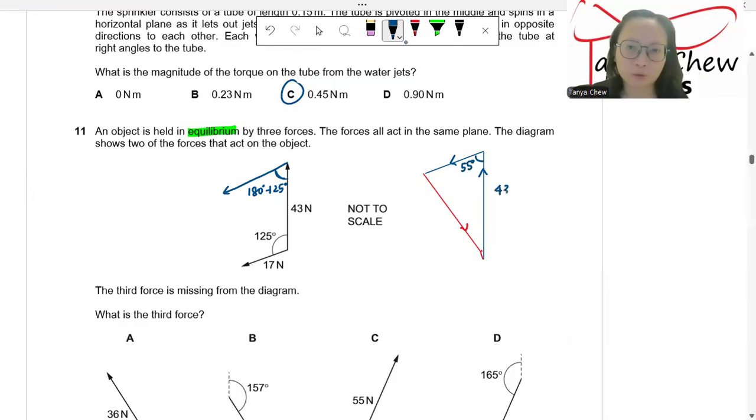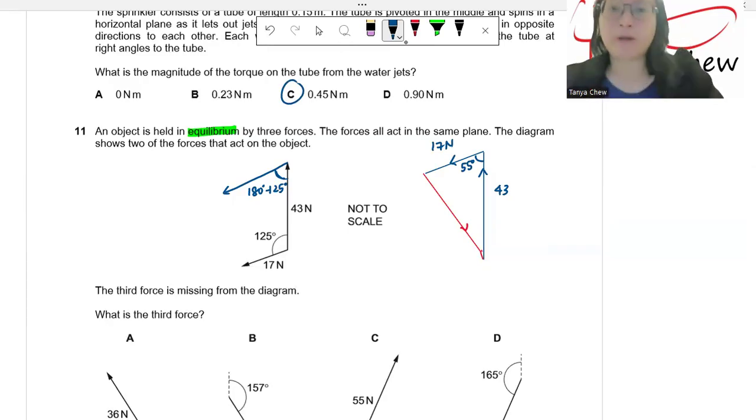So this is 43 Newton, this is 17 Newton. If I want to find the magnitude of the third force, the red line there, I need to use the cosine rule, right? C squared is equal to A squared plus B squared minus 2AB cos C.